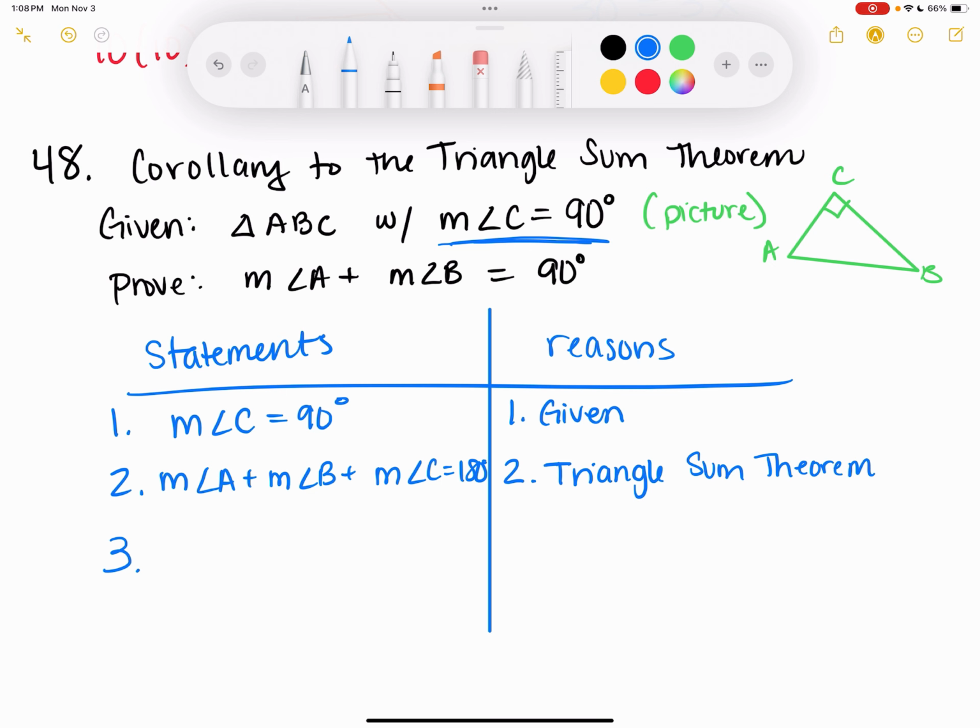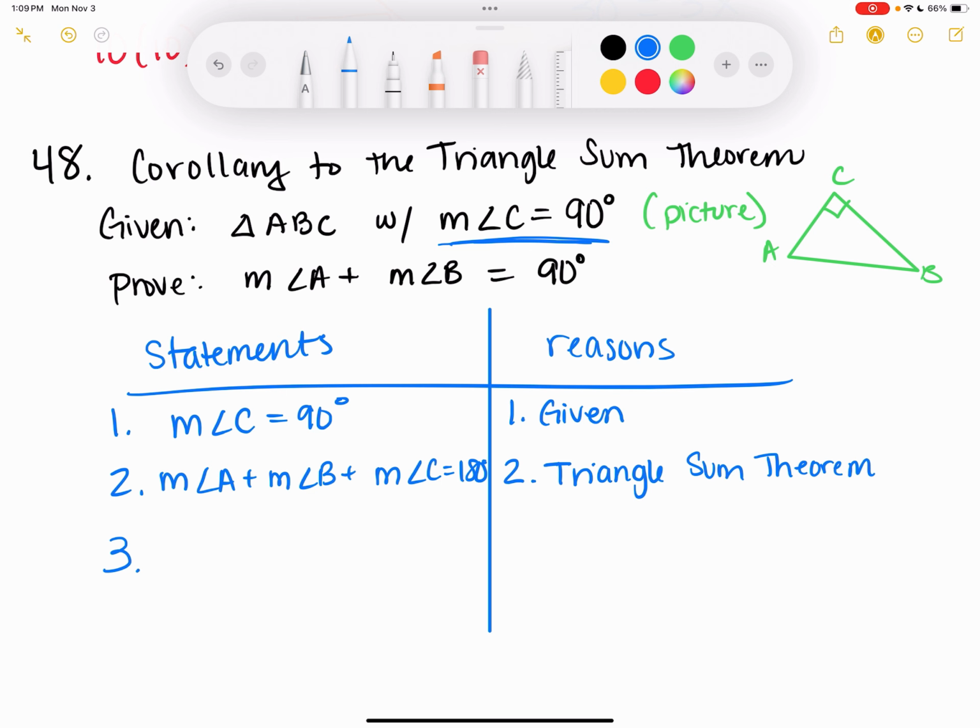Subtract the measure of A and the measure of B from 180. Well, then I'm going to have 180 minus A minus B, so that's not going to help me. What's my given? Measure of C equals 90 degrees.